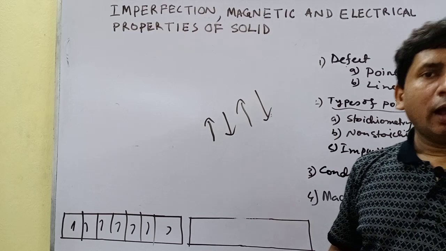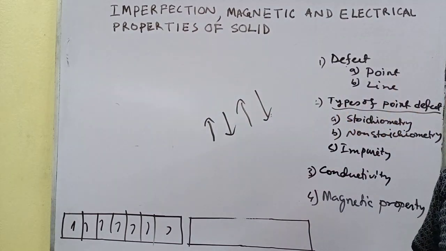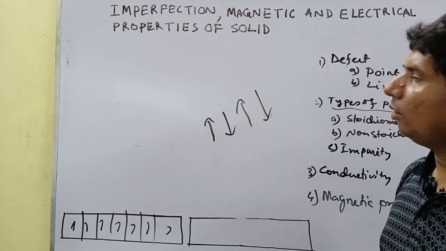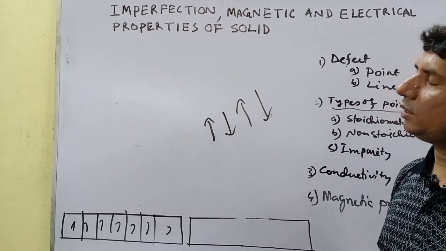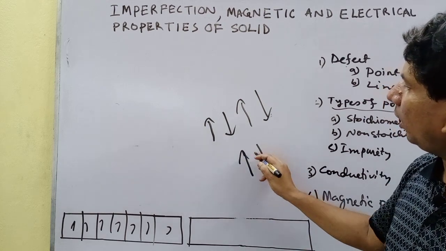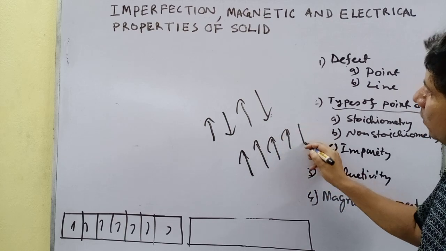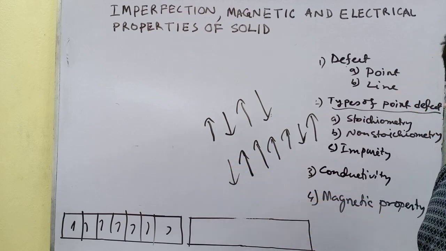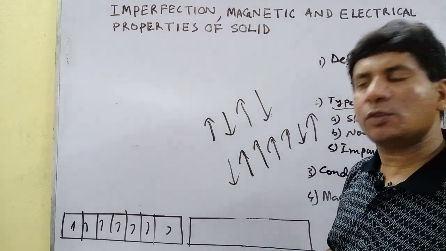Okay, and what are ferrimagnetic substances? Ferrimagnetic substances are those expected to have large magnetism but actually have a small net magnetic moment due to an unequal number of domains in opposite directions. That means we can say there is 1, 2, 3, 4, but overall the magnetic moment is very low.